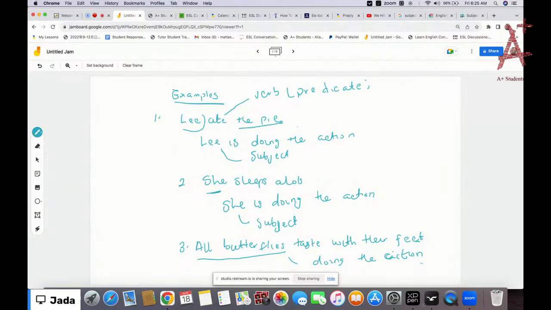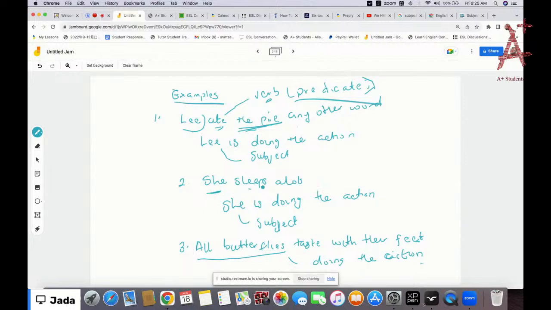Now, the pie is the other words that make it more joined together. So ate is the verb, but ate the pie is the predicate, joined together with other words that explain more about it.